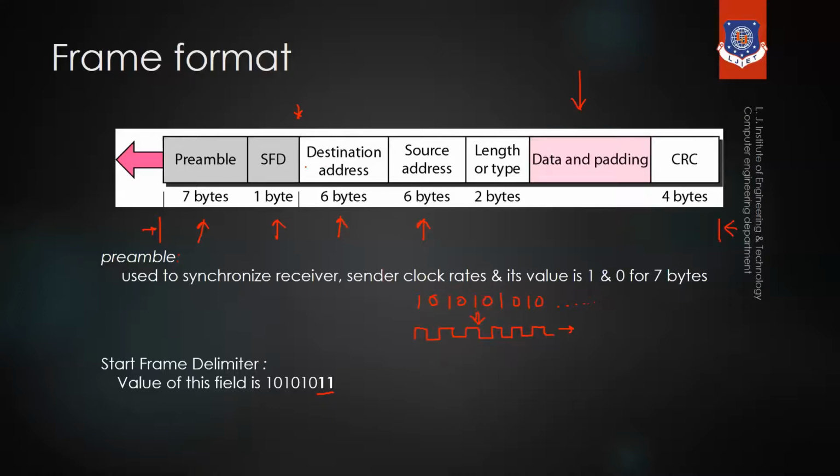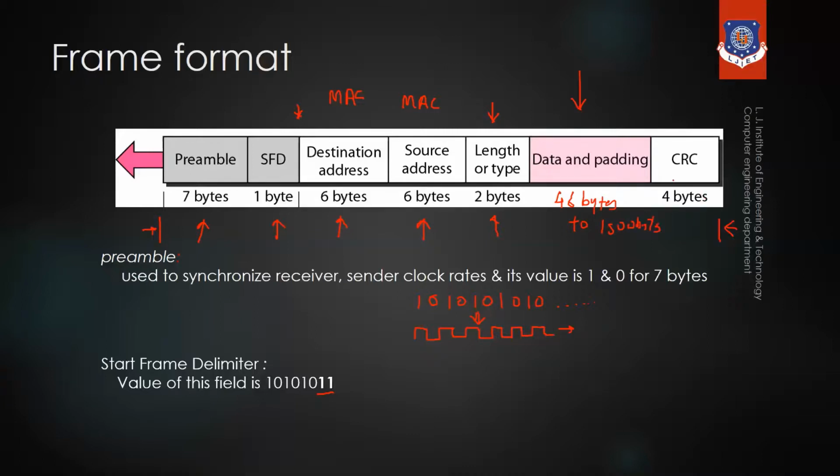And in the destination address field, there will be the MAC address of the destination device, and in the source address field, there will be the MAC address of the device that is sending the data. The next field is length or type, which is 2 bytes, and from this field you can know the length of a frame. The size of the data and padding is 46 bytes to 1500 bytes.